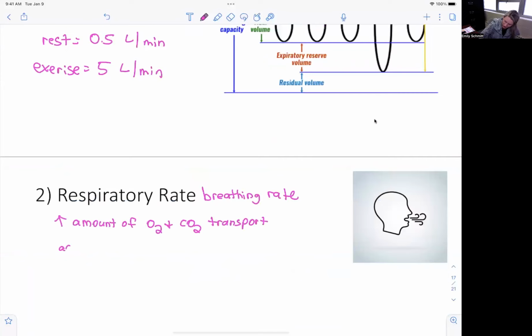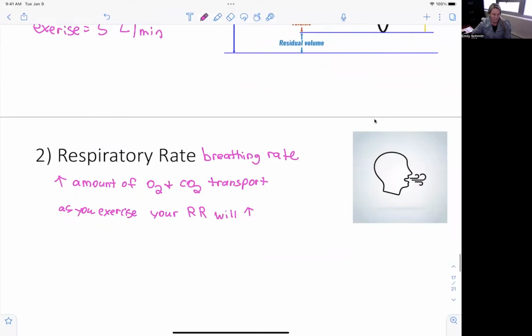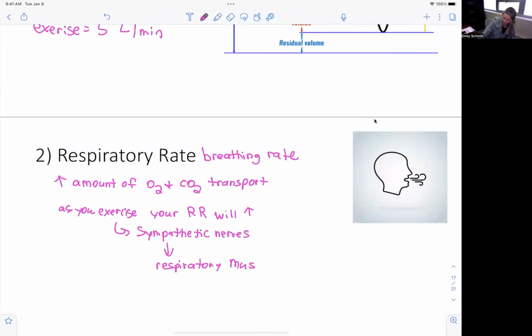As you exercise, your respiratory rate will increase, and this will be influenced by sympathetic nerves. They will stimulate your respiratory muscles to increase your breathing rate.